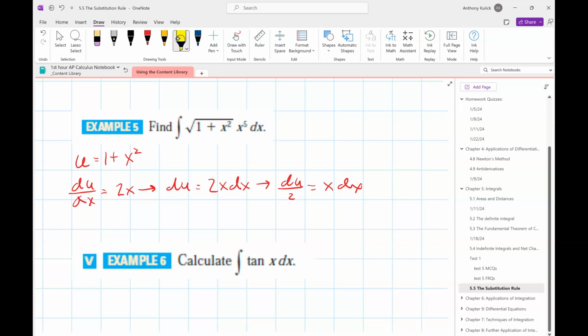So just using these two substitutions, let's see where we're at. We'd have this, right?